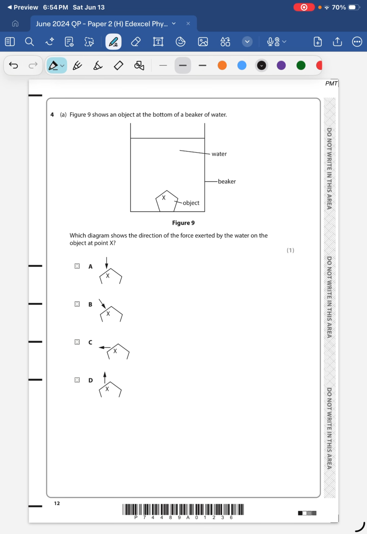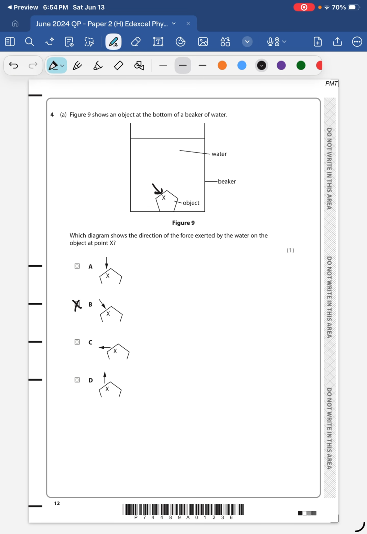Okay, I need to think about this. It's going to be perpendicular, right? Because you have pressure on that side. You have to imagine that in 3D. The pressure is going to push it downwards, and pressure is force per area. So B will be the correct answer.